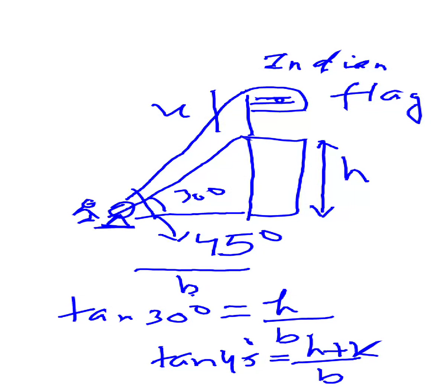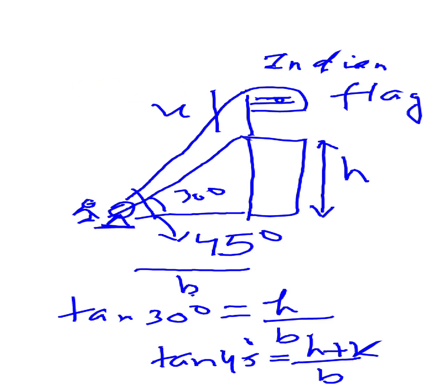Okay, now if you know the value of tan 30, and suppose you are knowing either height or b, whatever, suppose you know the height, then b can be easily found out, and you can put that value into the second equation, and in the second equation h is already known. Okay, b you have found out in terms of h, you are putting it over there, and tan 45 you already know, so you can find out the x.